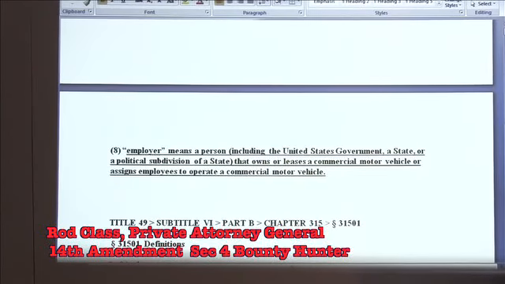An employer means a person, including the United States government, a state or a political subdivision of a state that owns or leases a commercial motor vehicle or assigns employees to operate a commercial motor vehicle. You remember what we talked about under that state of emergency? How everything is turned over to the state? Your car's turned over? This is how they're nailing us.